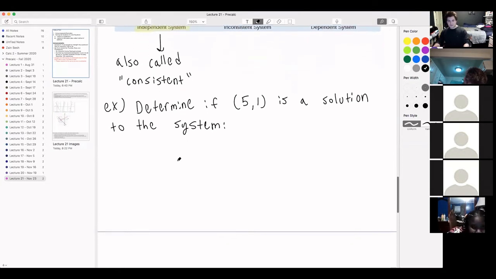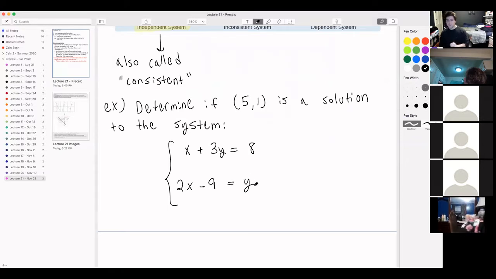I'm going to give you a system, and we need to see whether (5, 1) is a solution to it. So here's the system: x plus 3y equals 8, and 2x minus 9 is equal to y.